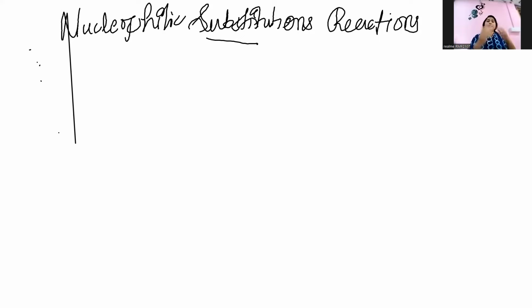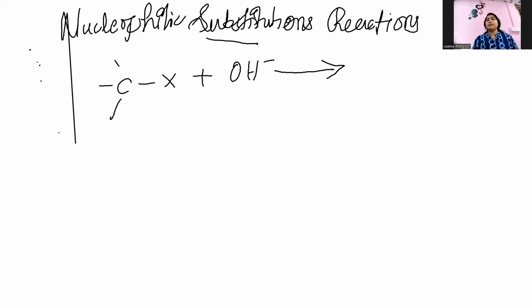Now, nucleophilic substitution reactions. What does substitution mean? Let's go for an example. Carbon with 4 valency, a haloalkane, reacts with a nucleophile OH minus to give carbon-OH plus X minus. Can you see the difference between these two?